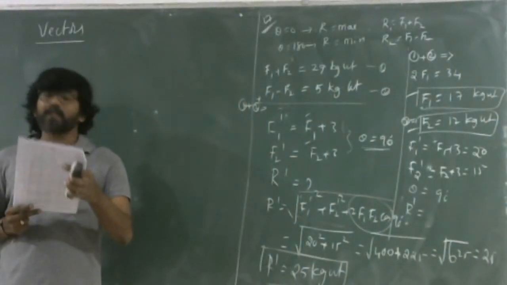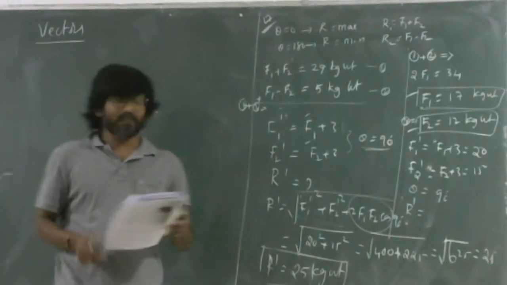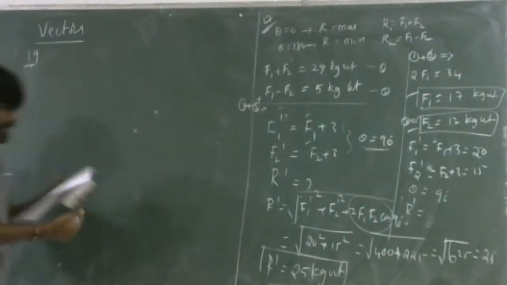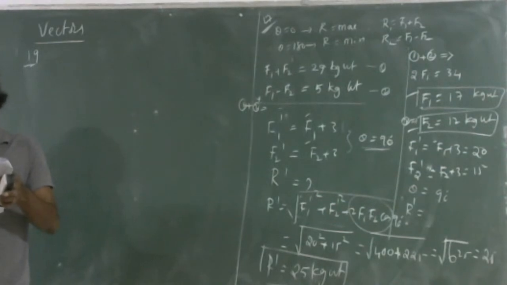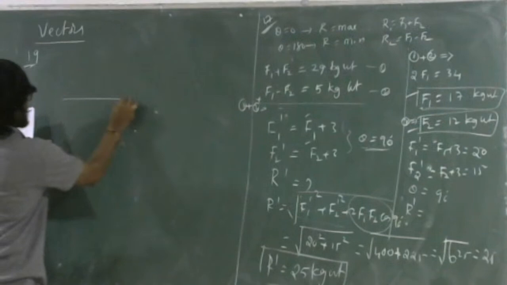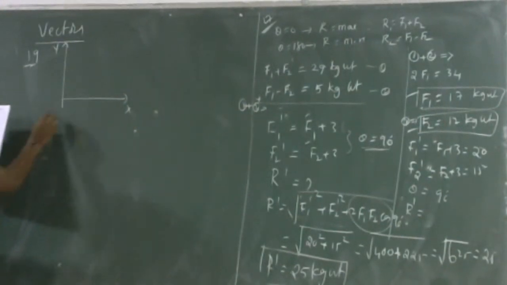Question number 19. Find the magnitude of resultant of the vectors shown in the figure.